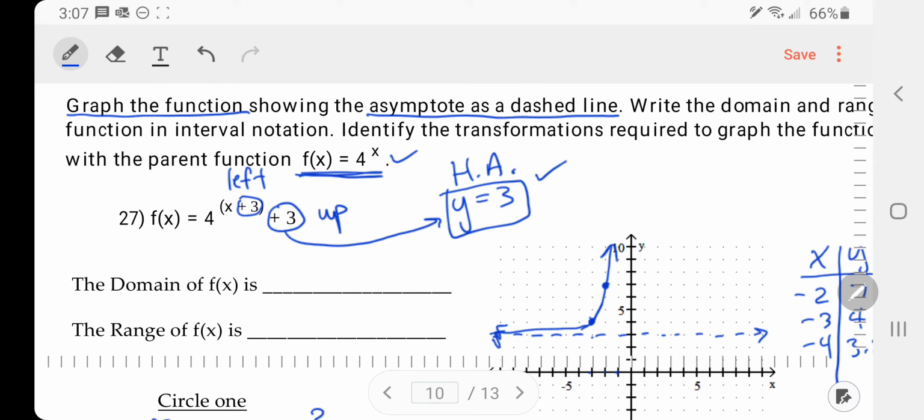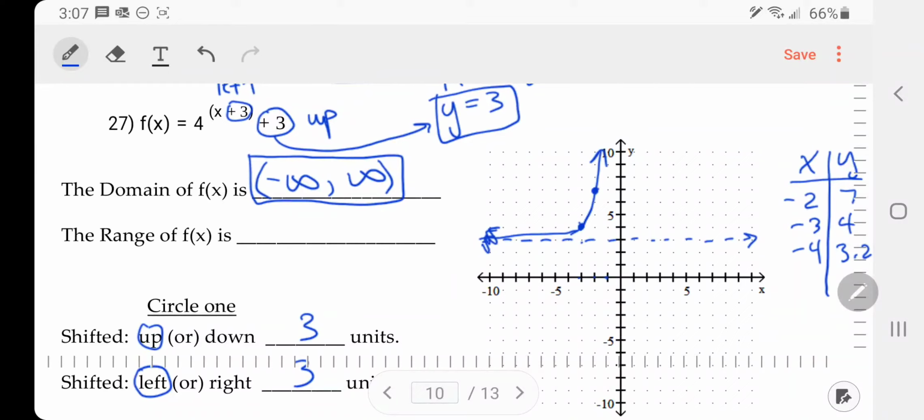And at this point, we should be able to finish this with the domain and range. So the domain is all real numbers, and we know that because the graph goes to the left forever and to the right forever. There's no restriction on x. However, the range does have a restriction.